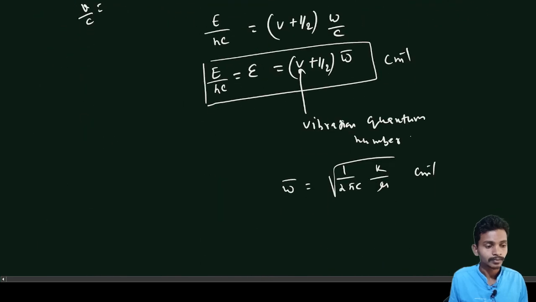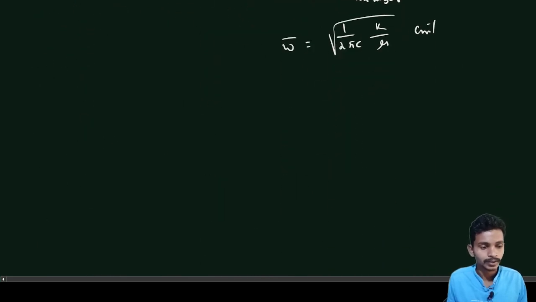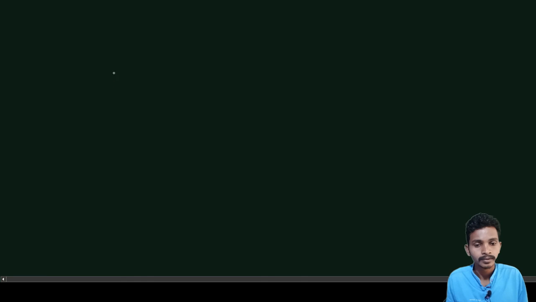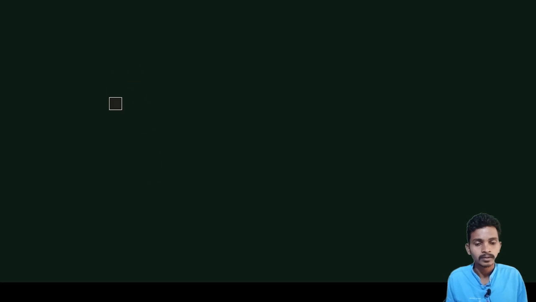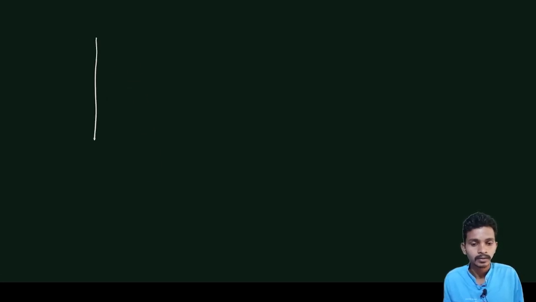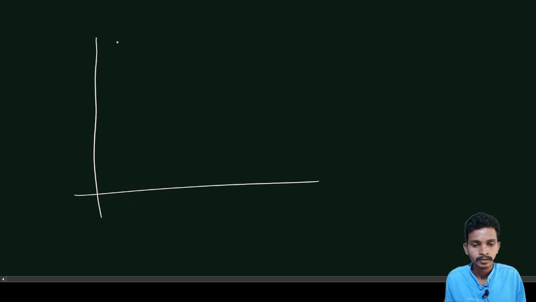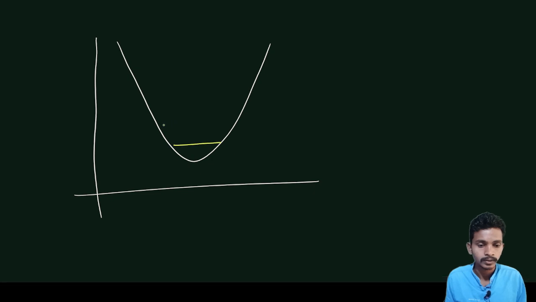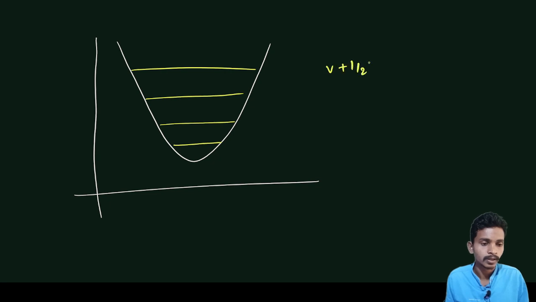Okay, now the question is, let's say for molecules here, we are using this formula, v plus half omega naught, to derive these energy levels.